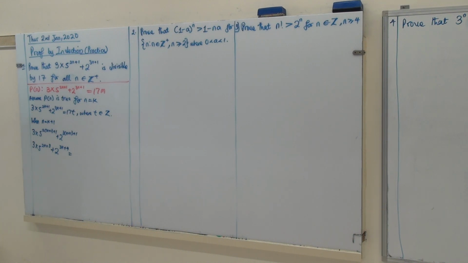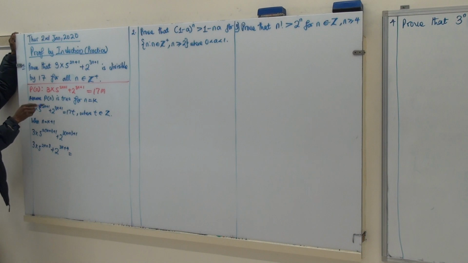Okay, so we need to see how we can make that look like 17. The problem I'm seeing here is there are 2 exponents. If it was only one exponent, it would be a very simple case, right? Is that why most of you were confused? Okay, let's see what we can do. This looks more complicated, so I suggest we make this the subject.